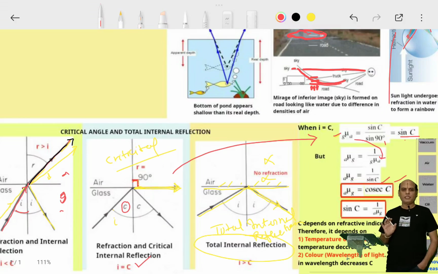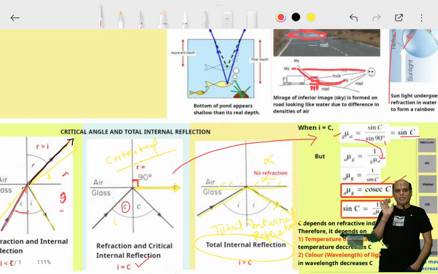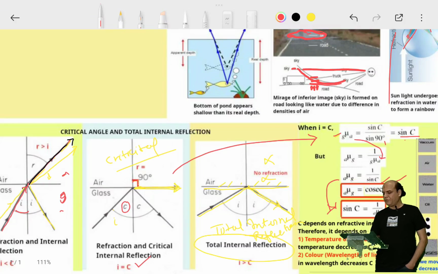The relation between the refractive index of any medium and its critical angle is that the refractive index of that medium with respect to air is equal to cosecant of the critical angle of that medium. Clear? If we rearrange this equation, we can also say sine C is the inverse of the refractive index of that medium. So these two we have to remember.